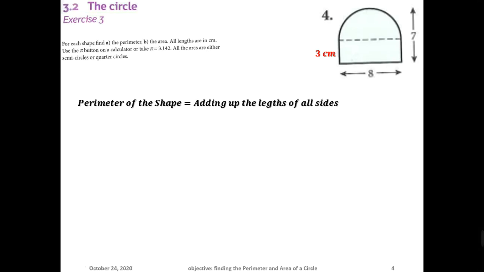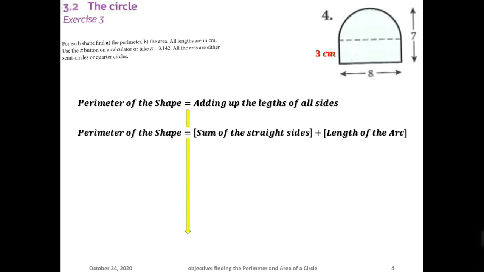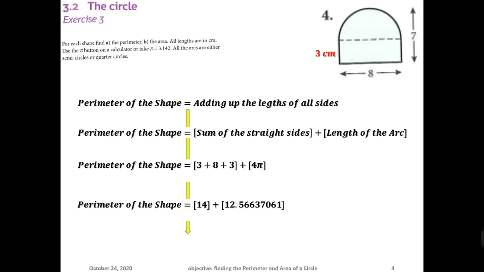So the perimeter of the shape is adding up the lengths of all sides. So the sum of the straight sides, just as I explained previously, plus the length of the arc. So the straight sides are 3 plus 8 plus 3 plus 4 pi, and if you insert this in the calculator, you're going to end up with 26.6.